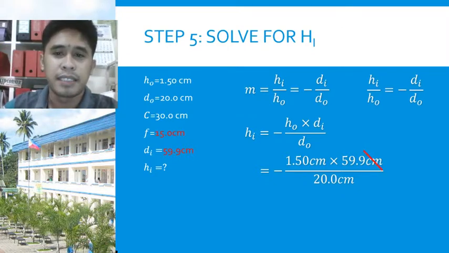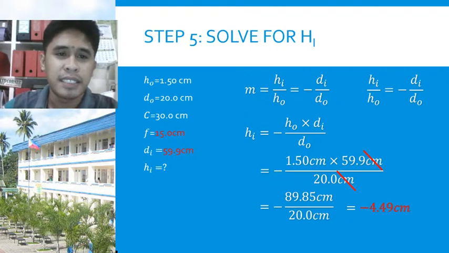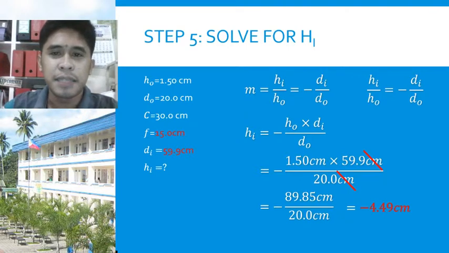We cancel similar units and multiply the numerators. The resulting image is larger than the object because 4.49 centimeters is larger than the 1.50 centimeter object. Since the sign is negative, this means that the image is inverted.